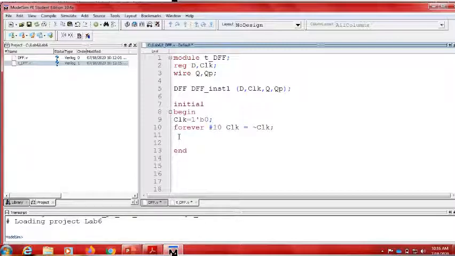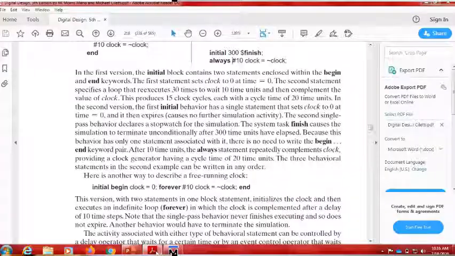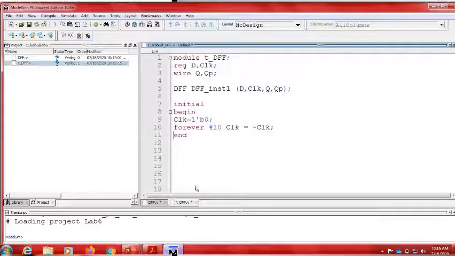This is the setup to generate our clock source, which we have already discussed here in our description. So this initial block basically is a clock source generator.